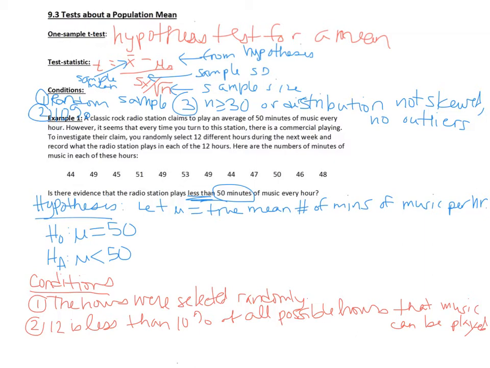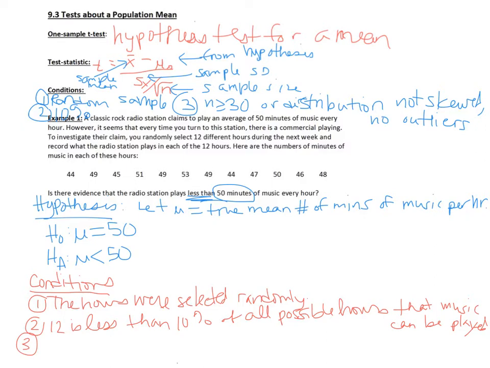And our third condition is going to be the distribution. So in order to do that, you're actually going to have to draw a histogram. So what I'm going to do right now is I'm going to kind of do a side thing, and I'm going to take the values that I have here. I will put them into one of the lists in my calculator.